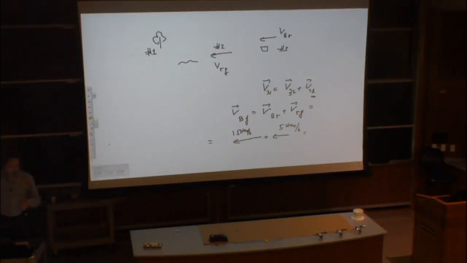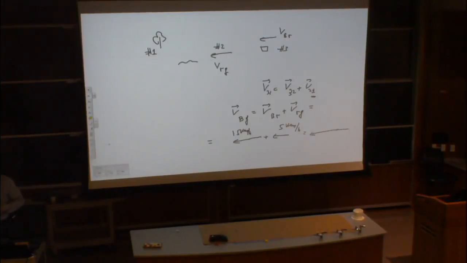If we need to add two vectors, what rule should we apply? What's the name of the rule? Head to tail.